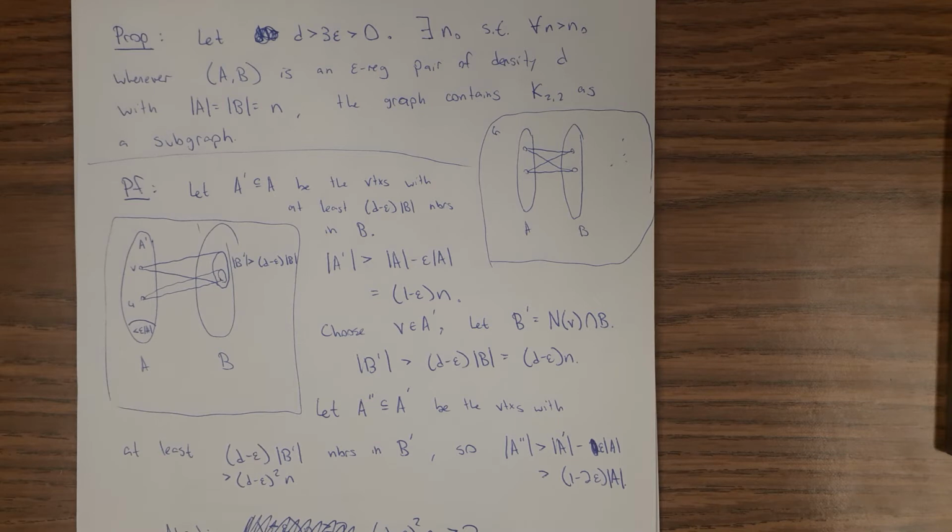And we're going to use the regularity lemma as a tool to find certain subgraphs or show that they exist in other graphs. So let's do something that is approaching that.